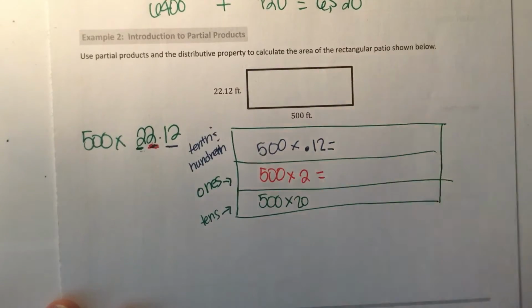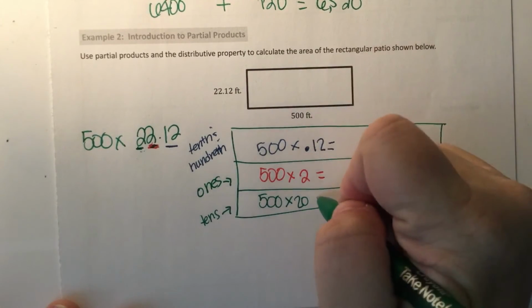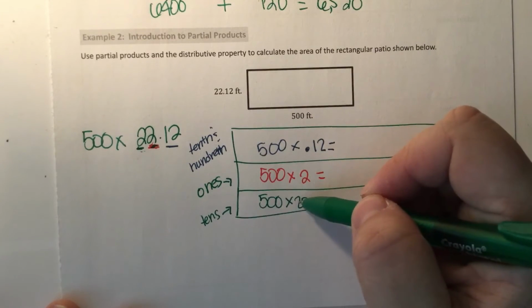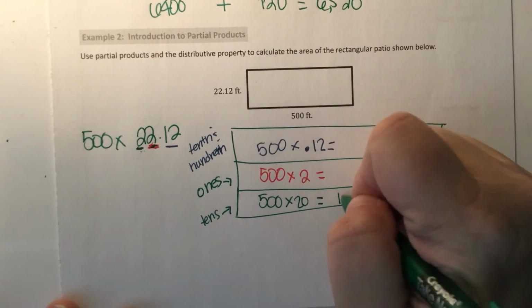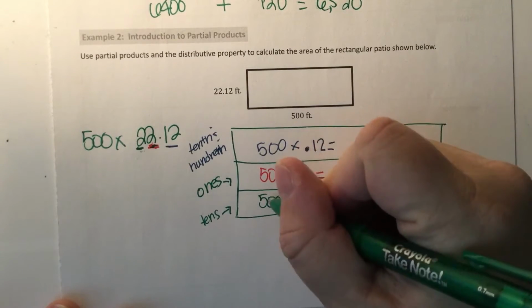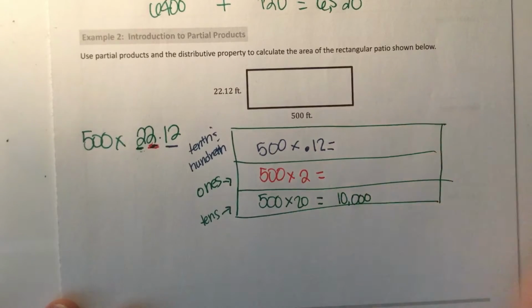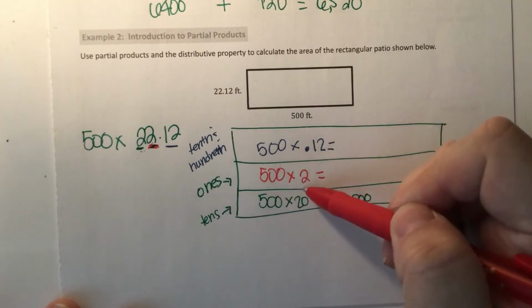Let's go with 500 times 20. I know 5 times 2 is 10, right? And then I have 1, 2, 3. I have 3, right? Zeros. I have 5 times 2 again. Ooh, super awesome.